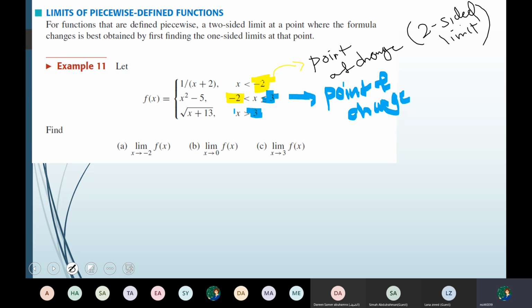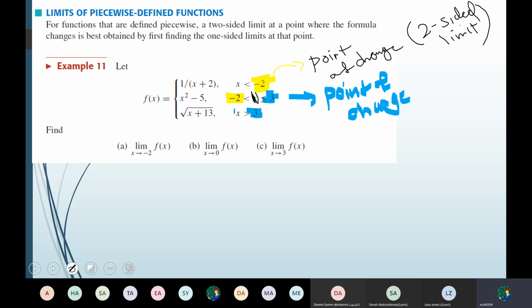But if there's a number like 1, which is between negative 2 and 3, it's not a point of change. So at number 1, we have only a one-sided limit. Let's now do some examples.